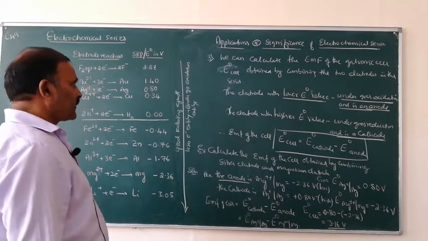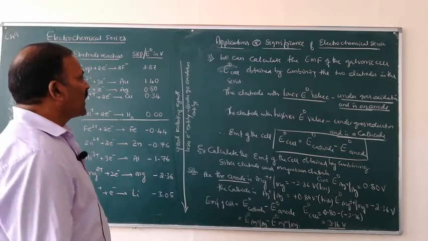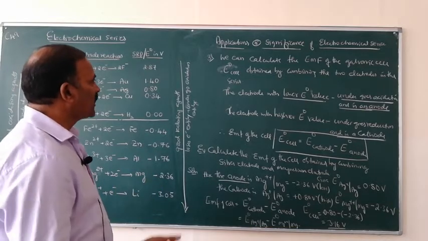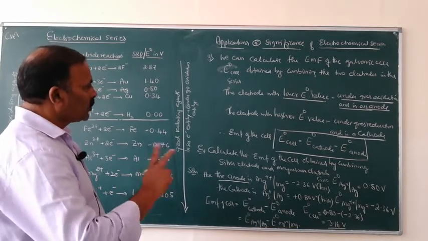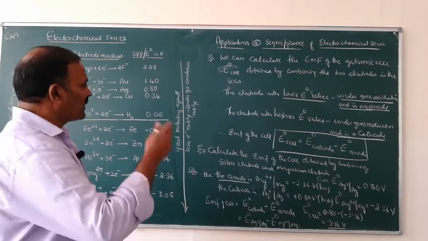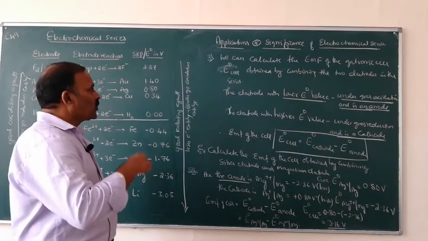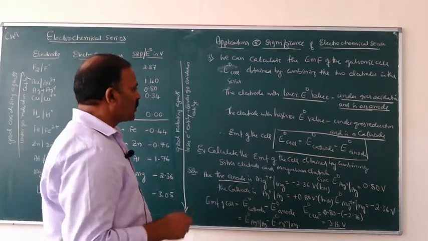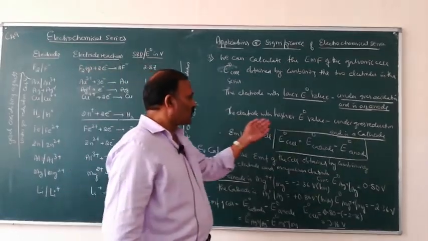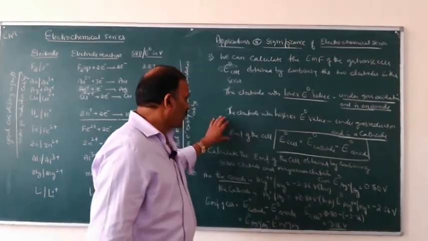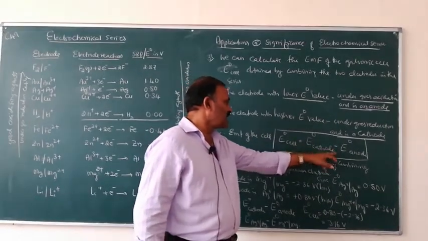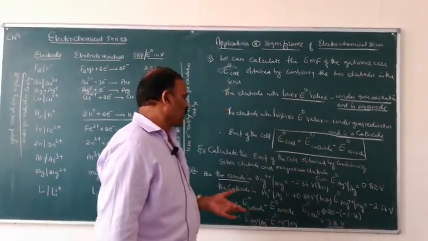So this is the third application of electrochemical series. So we can calculate the EMF of a galvanic cell obtained by combining two electrodes. The electrode whose electrode potential is less undergoes oxidation and it is an anode. The electrode whose electrode potential is high is a cathode and it undergoes reduction. We know the formula EMF of the cell is equal to E naught cathode minus E naught anode.